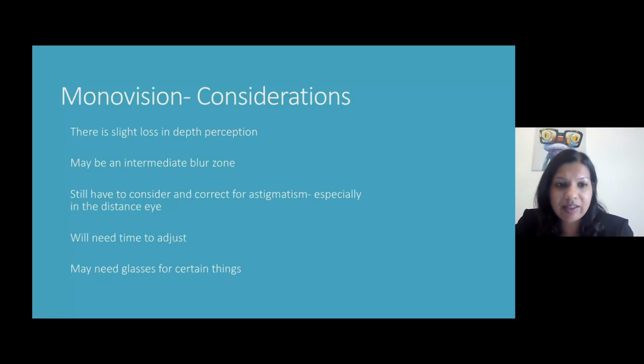If it's not something that's been tried before, and that is something that you're considering, we will often set you up with an optometrist to do what's called a contact lens trial, just to make sure that you're okay with having that different target in both eyes and the depth isn't an issue, because your brain does need some time to adjust for it. And then you might need glasses for certain things, depending on, maybe night driving, or if you're reading something really up close, but your near target is set more for the computer. So those are some things to consider with monovision.